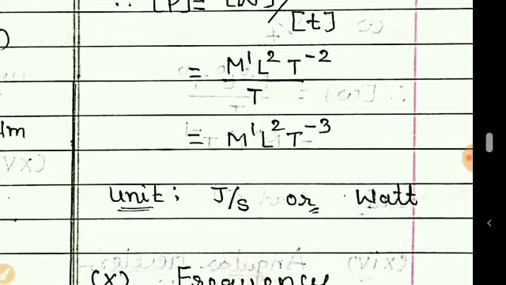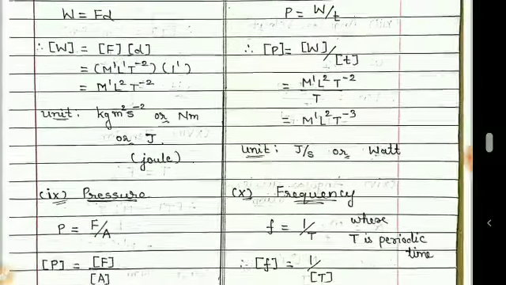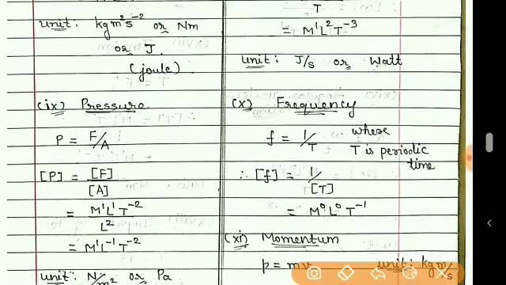So do practice for more formulas and their dimensional formula as well as unit. In the notes I have given many physical quantities like pressure, frequency, momentum, and so on. Now you can easily obtain their dimensional formulas.